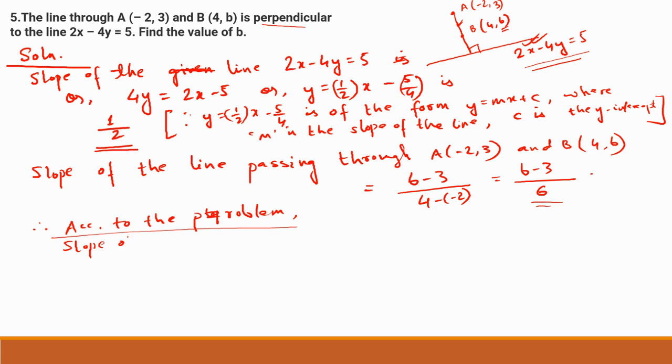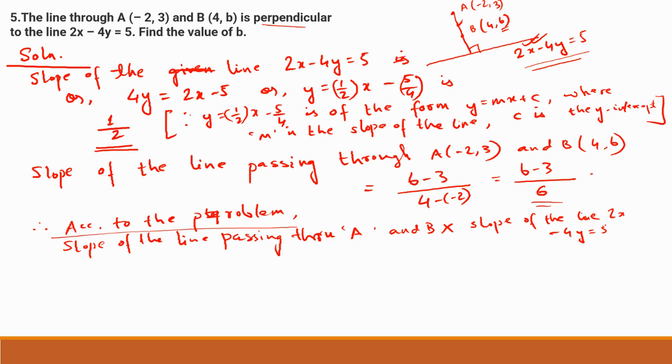Slope of the line passing through A and B when multiplied with slope of the line 2x minus 4y equals 5 is equal to minus 1, since the two lines are perpendicular to each other.